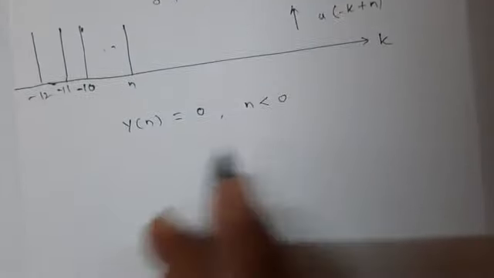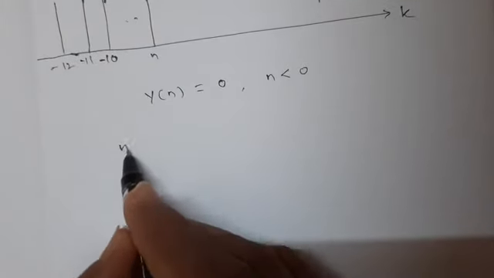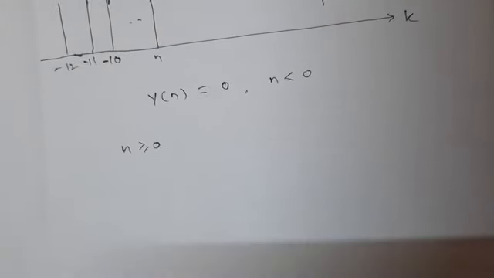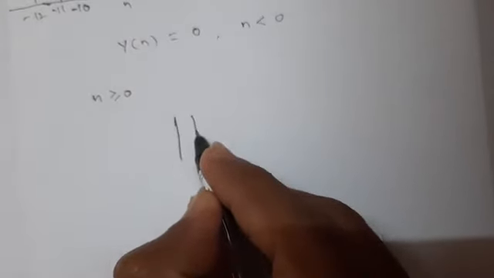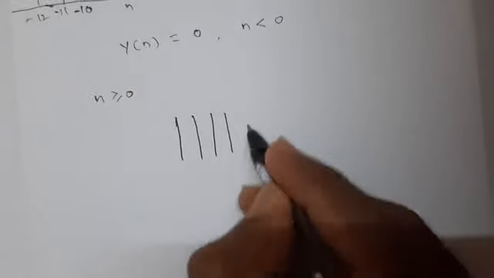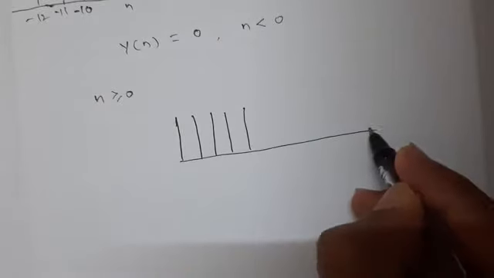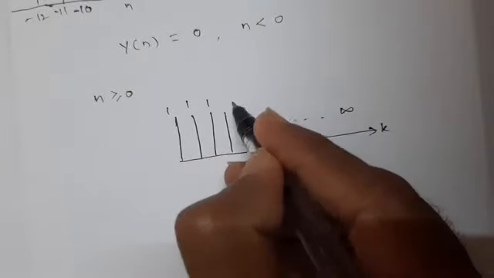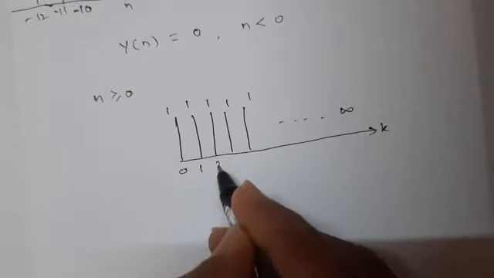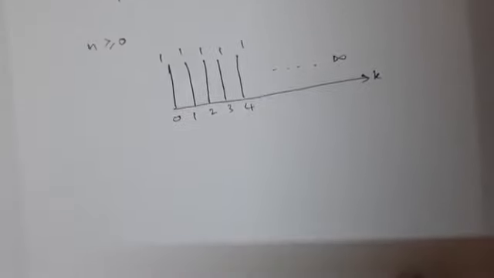But similarly, if this condition is n greater than or equal to 0, now again u of k extends towards infinity with amplitude 1. This is 0, 1, 2, 3, 4.